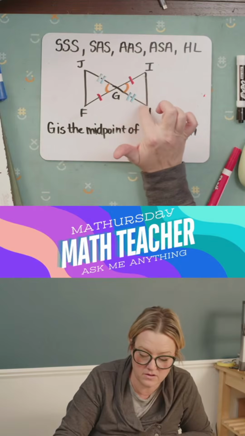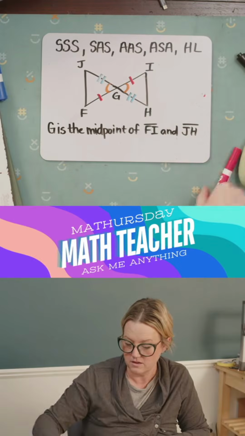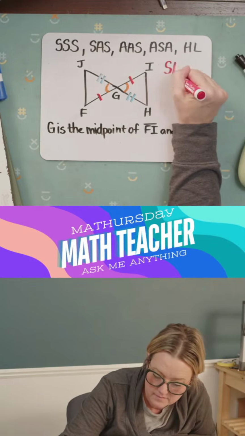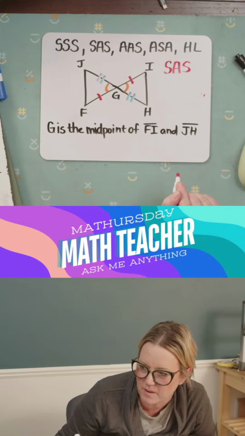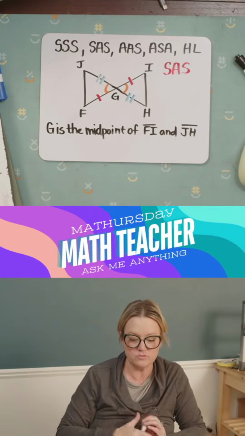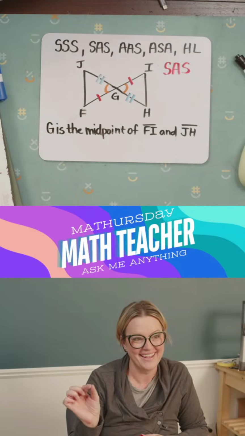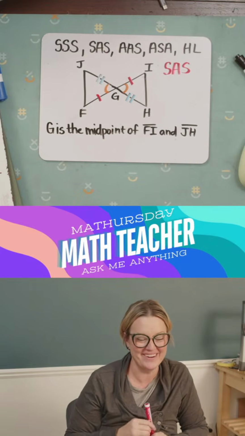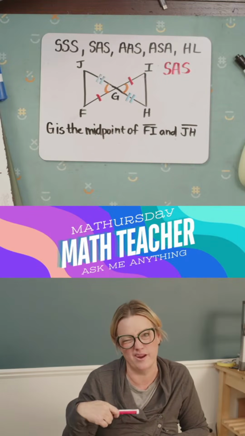So this is going to be proven using side, angle, side. I think side, angle, side is a postulate. I can't remember if it's a postulate or a theorem, but it would be side, angle, side because we've got the two sides and the included angle. Okay. We're not doing proofs. We're just proving stuff. You still have to prove stuff, you just don't have to write a proof for it.